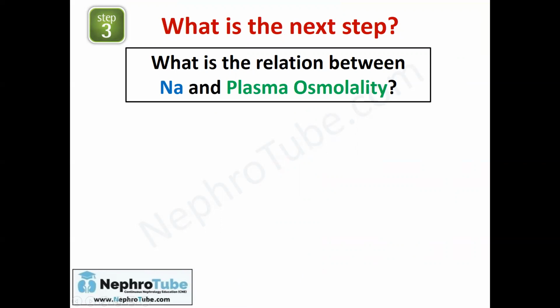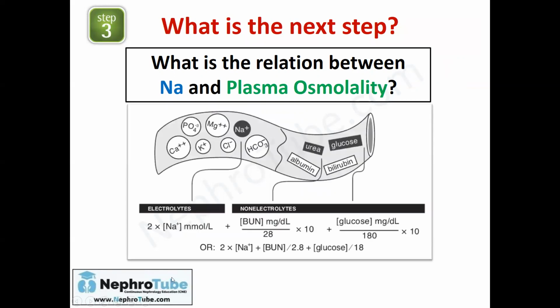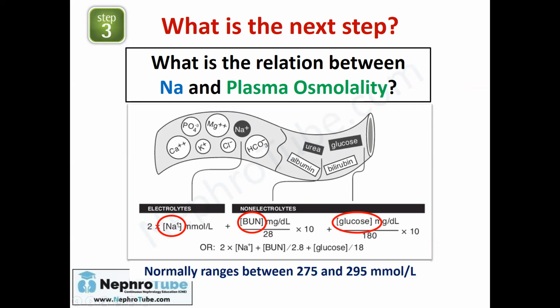Before going to the third step, I have to talk about the relation between sodium and the plasma osmolarity. As we all know, sodium, blood urea nitrogen, and glucose are used in the equation for the estimation of the plasma osmolarity. Normally, the plasma osmolarity ranges between 275 and 295.